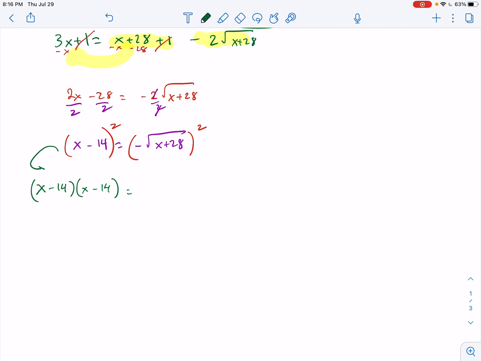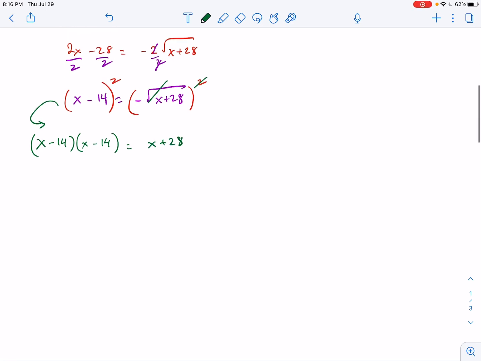On the right-hand side, the square root squared cancels out, and the negative becomes positive because anything negative squared is positive. So we end up with x plus 28 on the right-hand side. Left-hand side, we distribute: x squared minus 14x minus 14x, and 14 times 14 is 196.